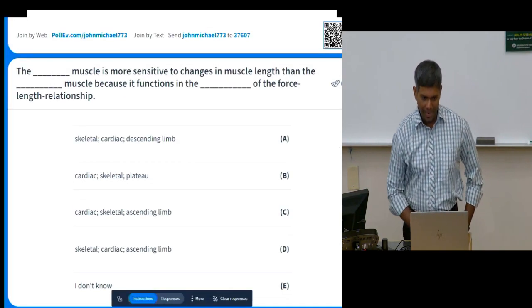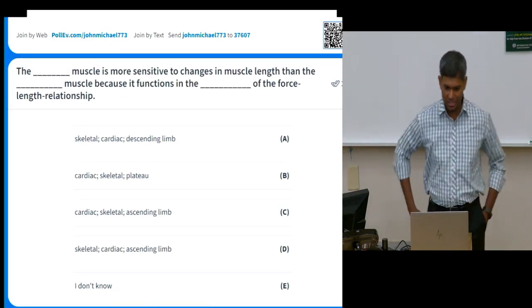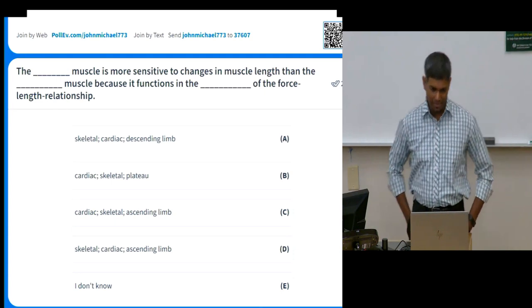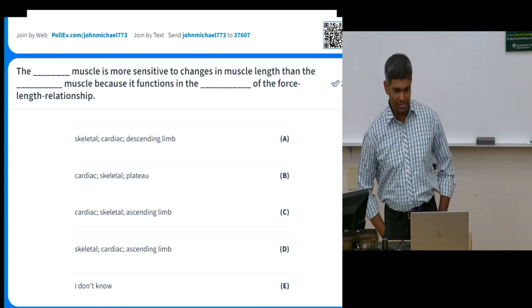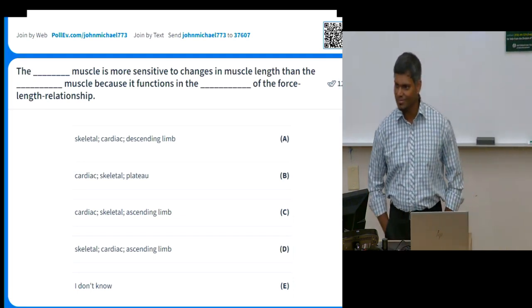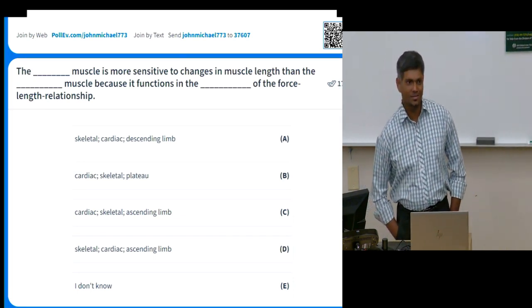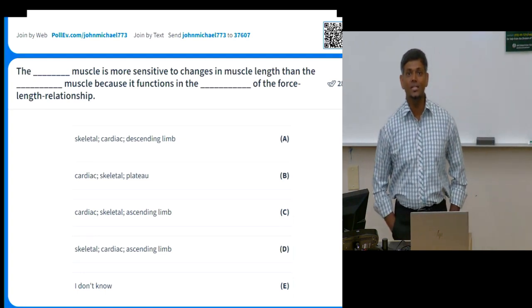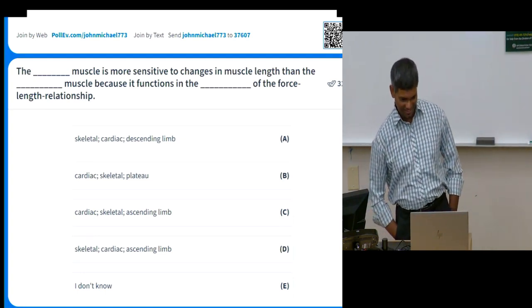Okay, the blank muscle is more sensitive to changes in the muscle length than the blank muscle because it functions in the blank of the force-length relationship. Give me the answer.